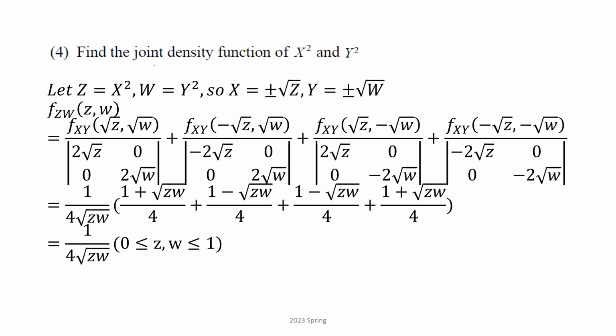We consider 4 cases, and it equals 1/(4 times the square root of zw), where z and w are greater than or equal to 0 and less than or equal to 1.